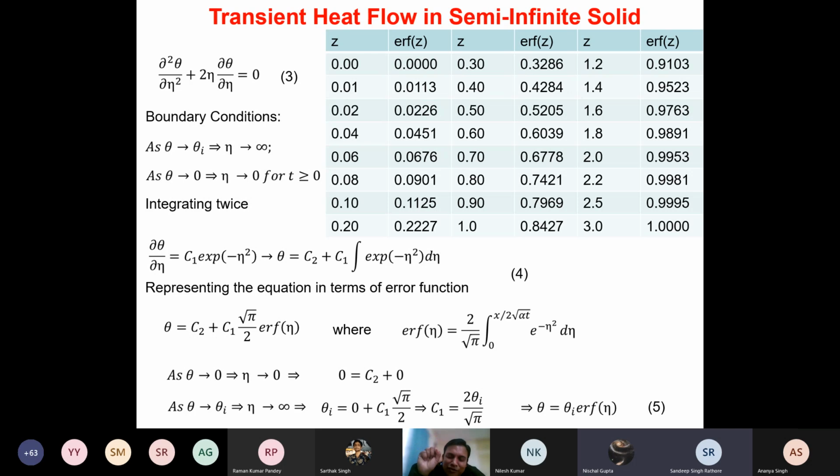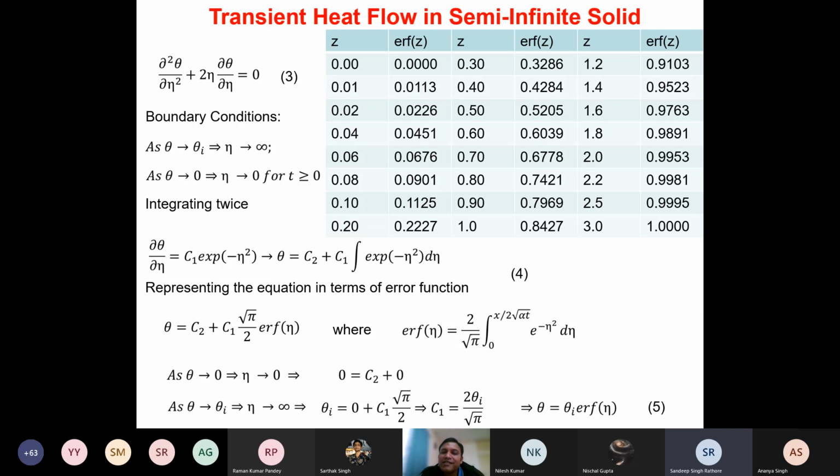Sorry, I understood. Don't get confused with this name error. I think some people might be getting confused with this name error. It's not about that. But whatever our friend is saying, this is some kind of probability. Yes. But the same equation you will be using later on also in the radiation.